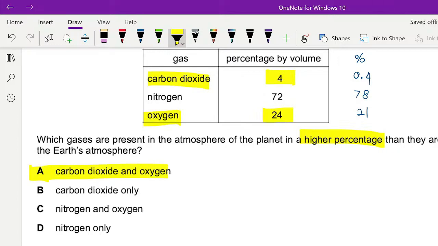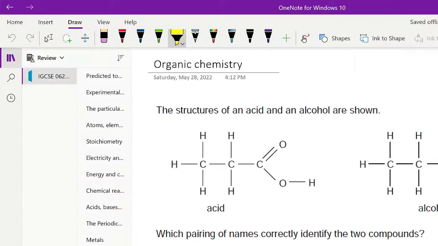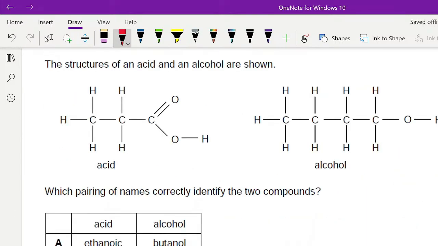A is the answer. All right, last topic, organic chem. Structures of acid and alcohol are shown. Which pairing of names correctly identifies them? Okay, so when carboxylic acid and alcohol react, this bond breaks to create an ester, and the name starts with the name of the alcohol, which, because we have 4 carbons, is called butanol, and the acid is propanoic acid.